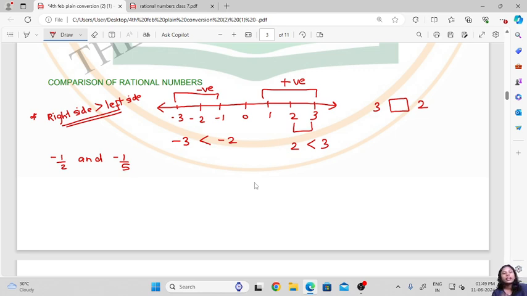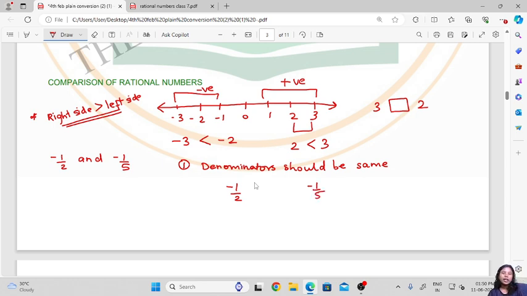We'll try to compare these two numbers. To compare any two numbers, the first step is to make their denominators the same. So denominators should be the same.